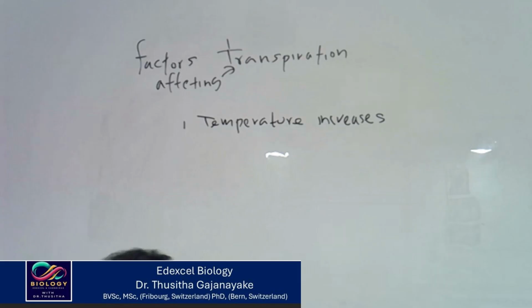That means particles always vibrate, like water molecules, air molecules. Even in a solid, the particles can move in a limited pattern. When temperature increases, the particle movement increases. But how can you explain increased particle movement leading to increased rate of photosynthesis?